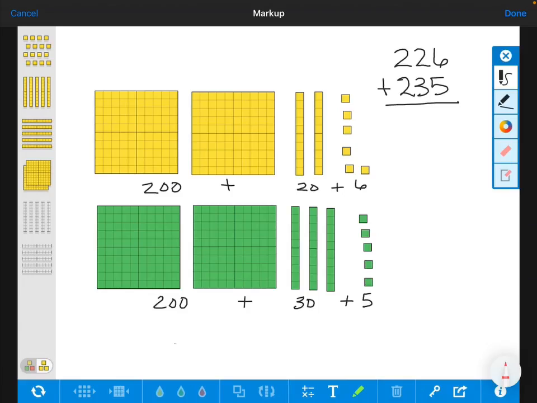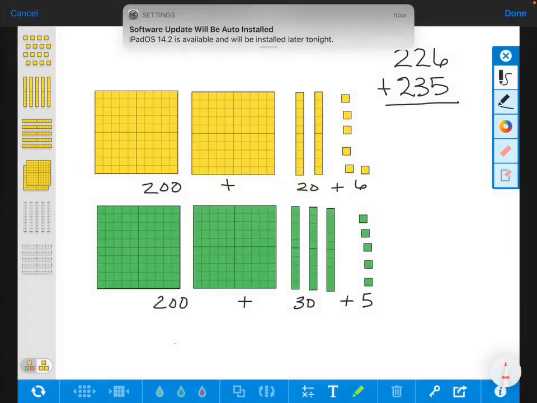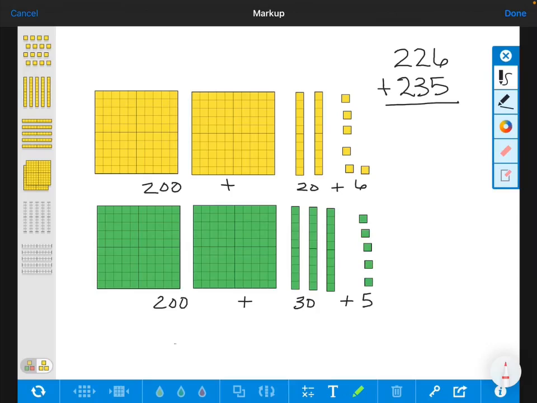I've got two of the 3-digit numbers represented in models. In the yellow I have 200 plus 20 plus 6. Okay, so I've got 2 hundreds models, 2 tens models, and 6 ones models.